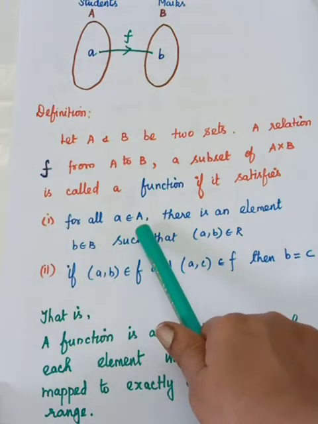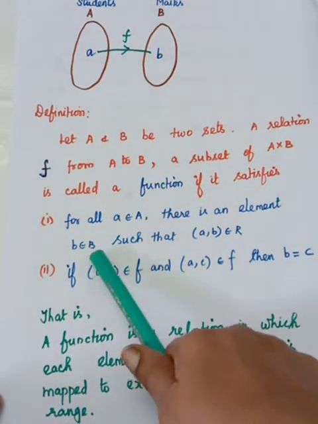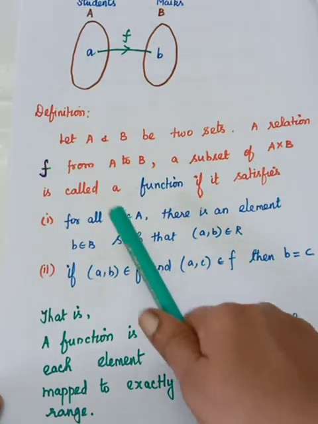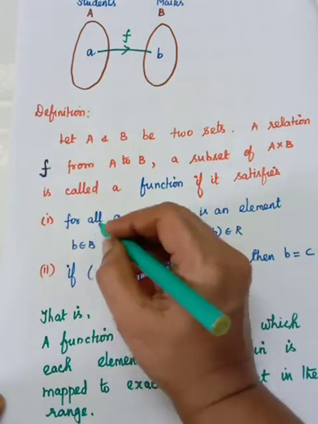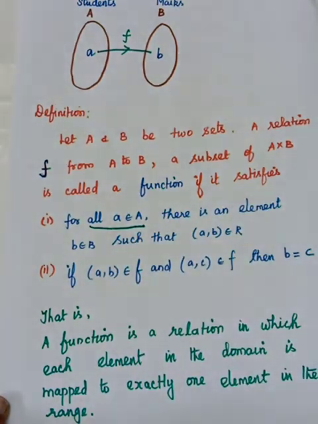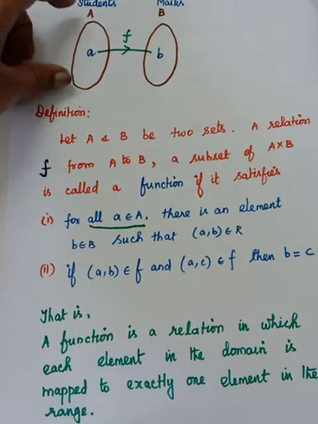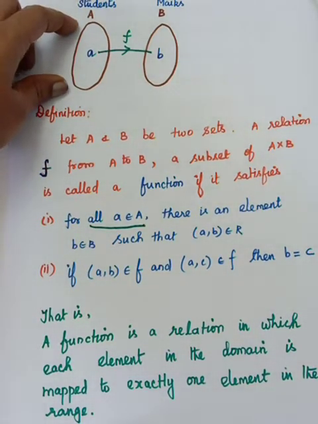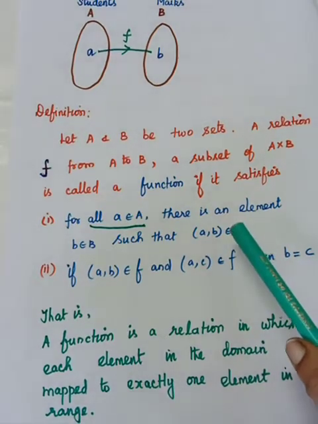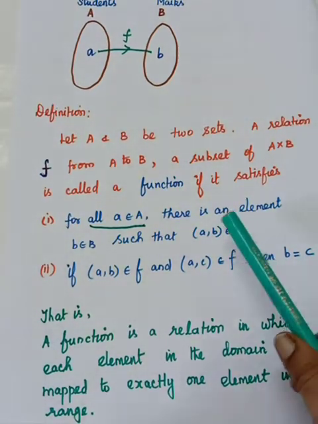For all a belongs to A, there is an element b belongs to B such that (a, b) belongs to F. In this condition, they are giving importance to for all a belongs to A. That means every element in A should be related to an element b such that (a, b) belongs to F. So every element has to be mapped.